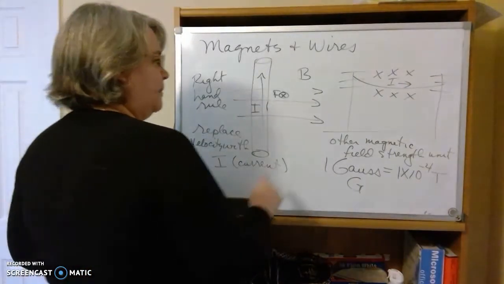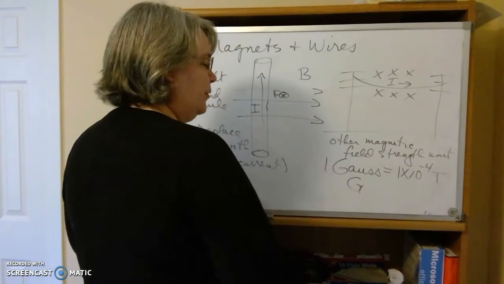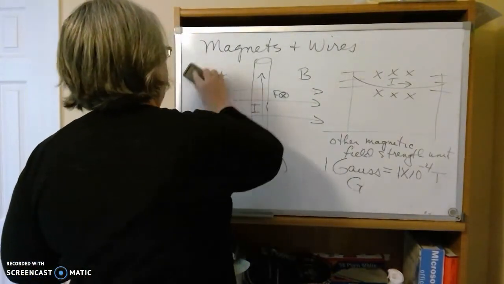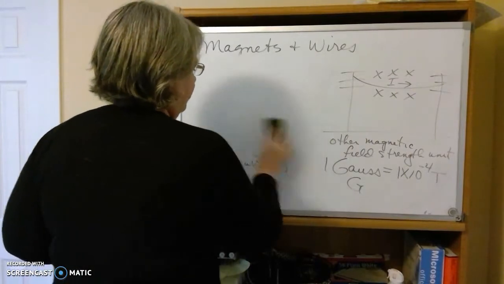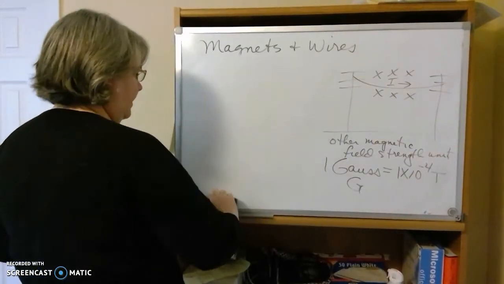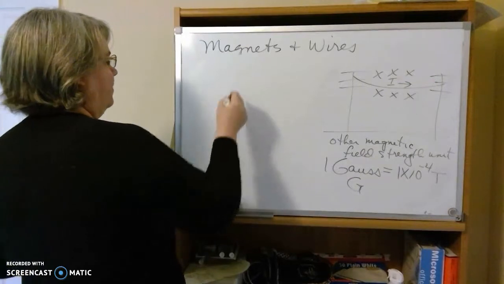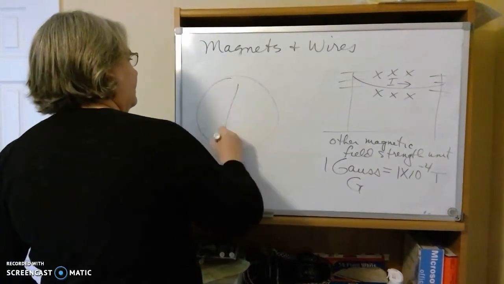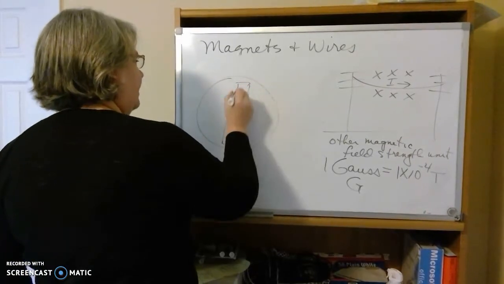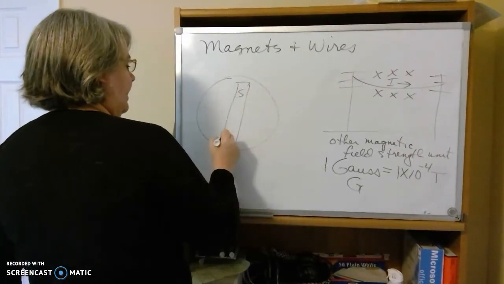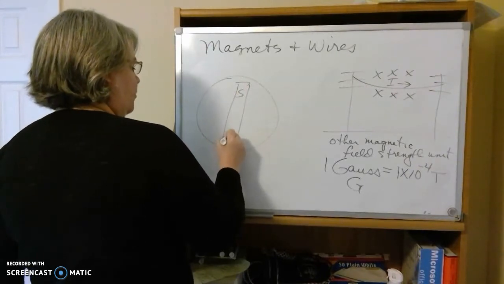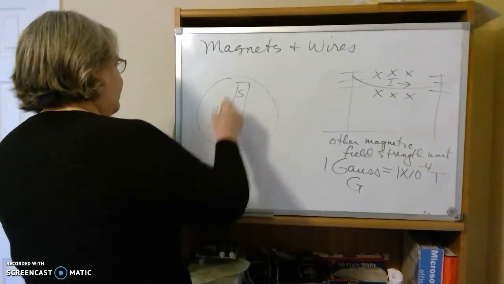The other thing I wanted to mention is in relation to the compass. When we talked about using the compass, we said that the Earth acted as if it had a south pole at the north geographic pole and a north pole at the south, right?